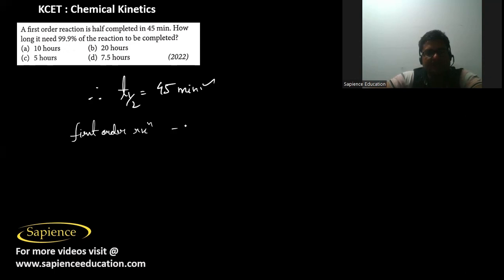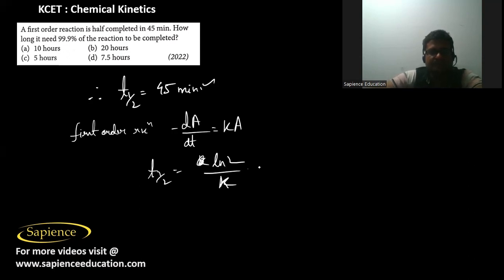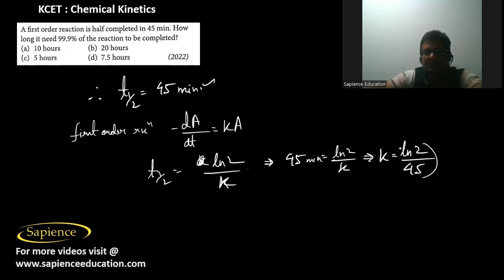it means that minus dA by dt equals k into A. So therefore half-life is ln2 by k. So half-life, that is 45 minutes, equals ln2 by k. So therefore the reaction constant k equals ln2 by 45 per minute.